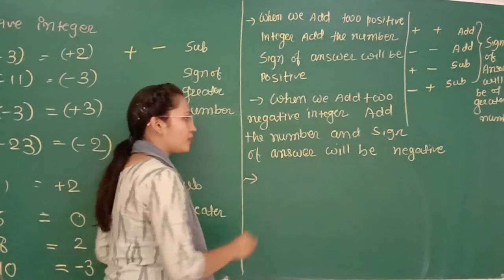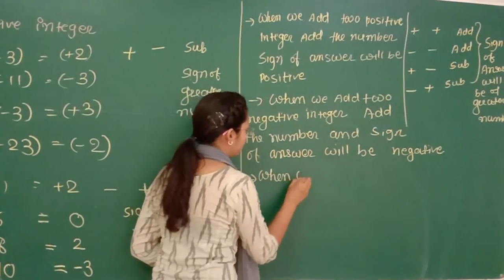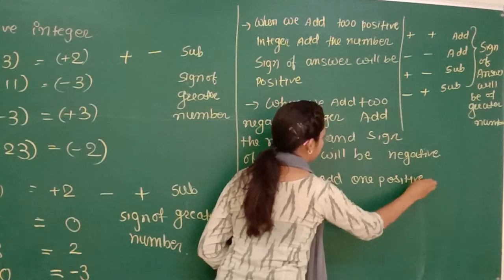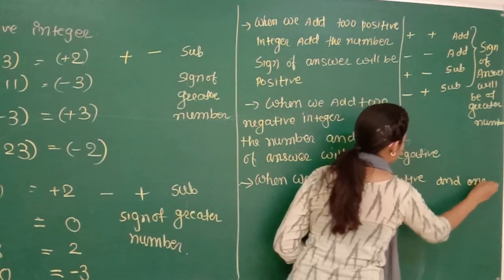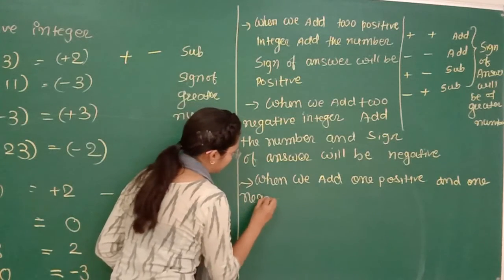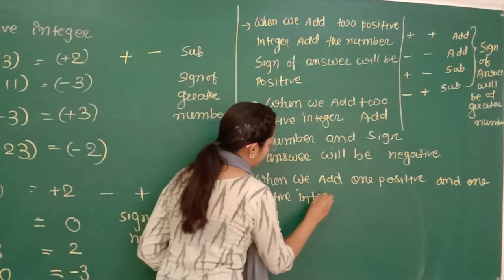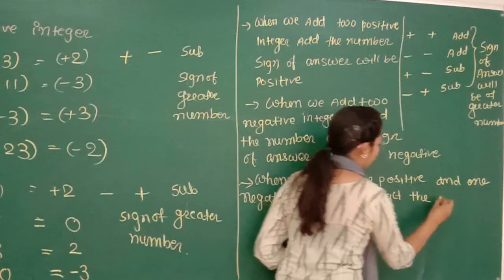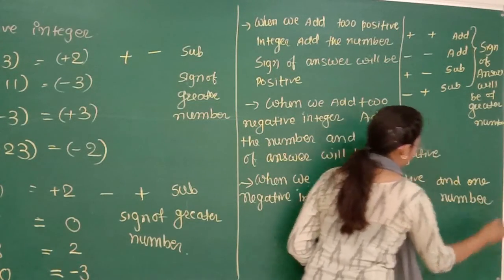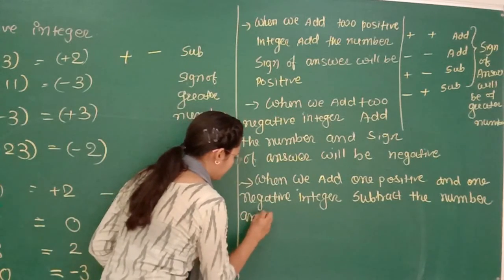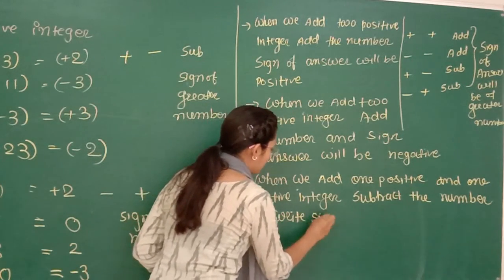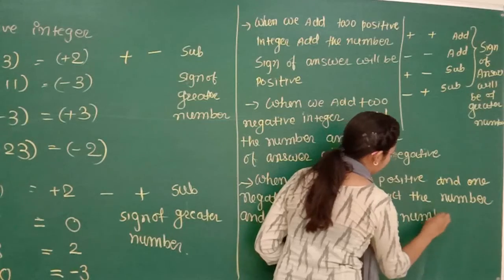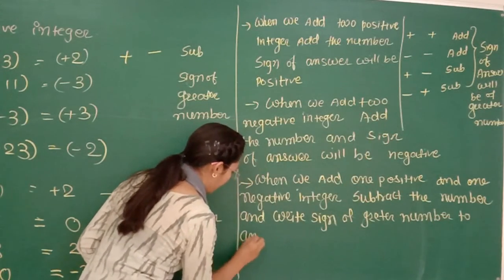Now next, after that we learn when we add one positive and one negative integer, subtract the numbers and write the sign of the greater number in the answer.